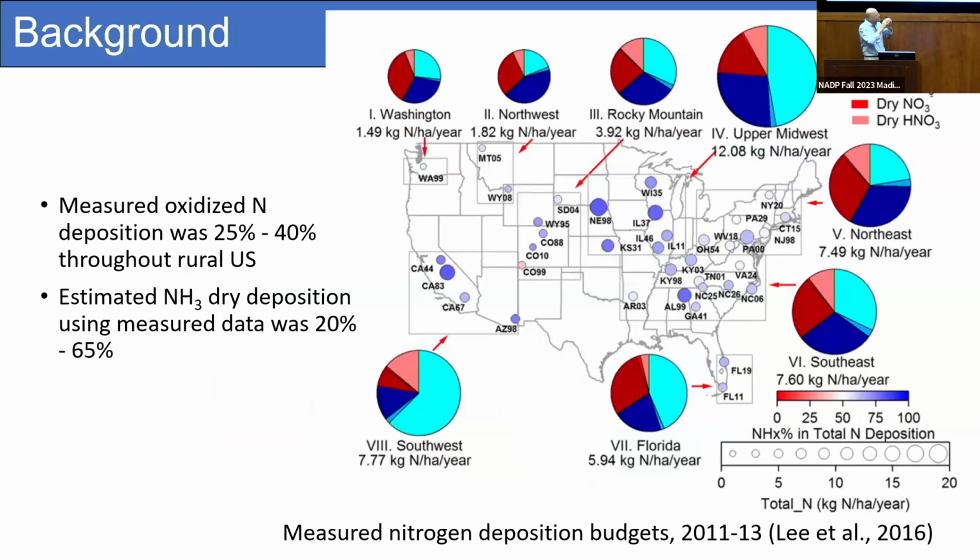So this work is suggesting that the model is at least a factor of 3 to 4 low for the dry deposition. That has some real implications if we're trying to do source apportionment: is ag the most important thing, or is it, okay, it's part of the problem.